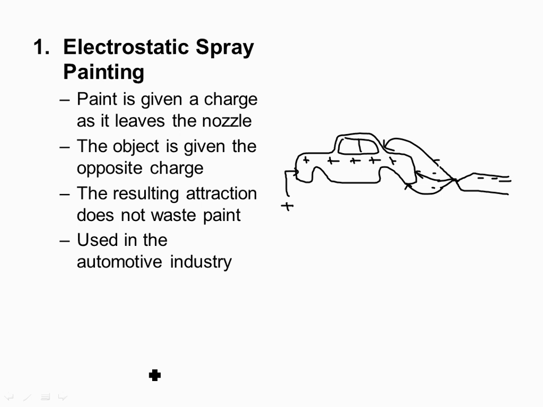It saves on paint. You don't have what's called overspray, the spray getting away and landing on something else. So there's an attraction, and the paint sticks. We don't lose any. And again, I can do a demonstration of that in a moment. I'll put a bar here, and I can make it positive or negative, and then I don't have paint, but I can send some particles toward it, and we can see the way it behaves.